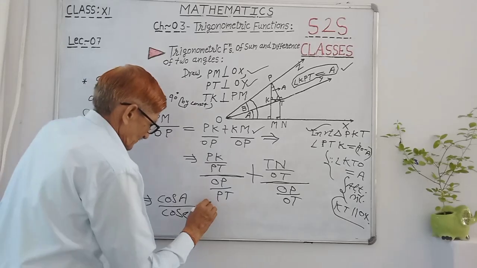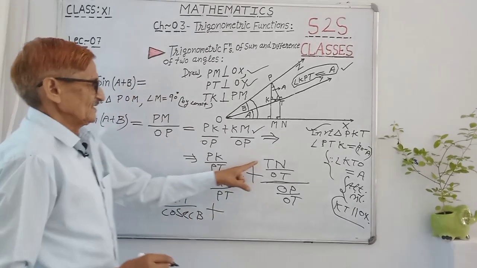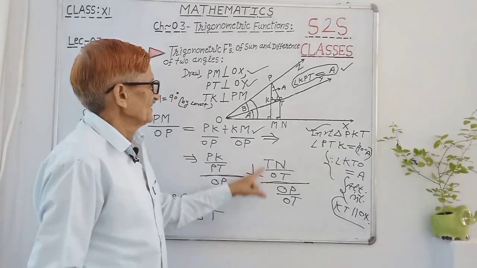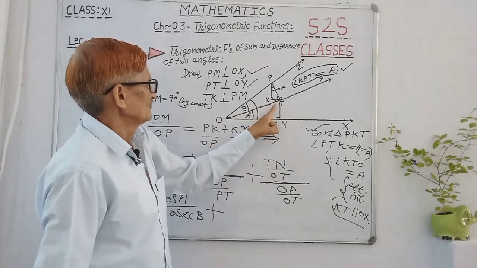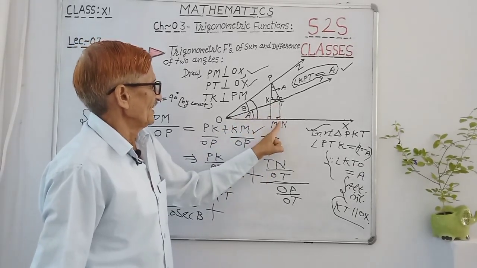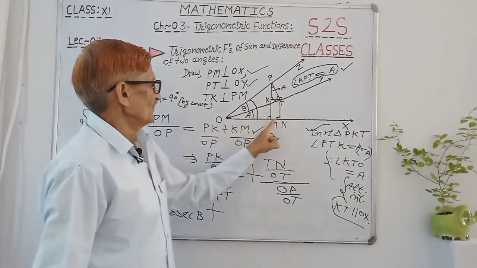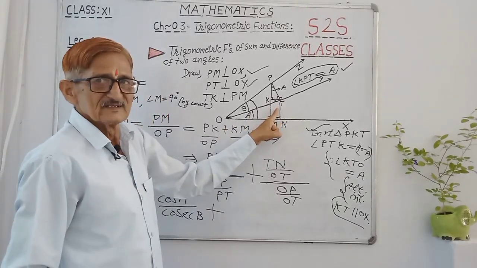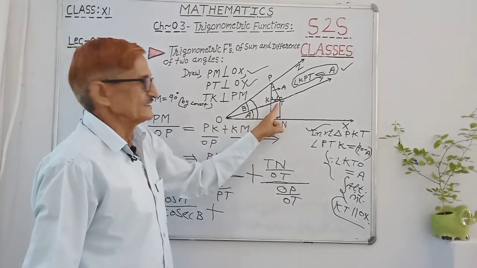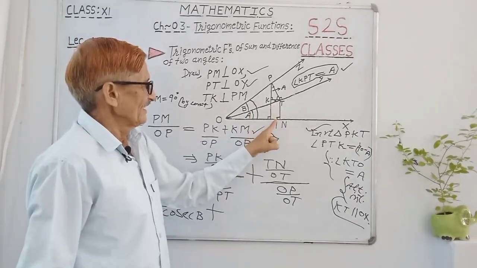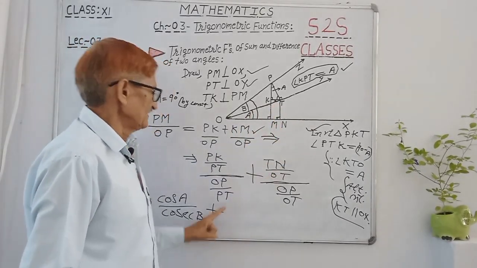Plus TN upon OT. So in this right triangle ONT, angle N is 90 degrees.